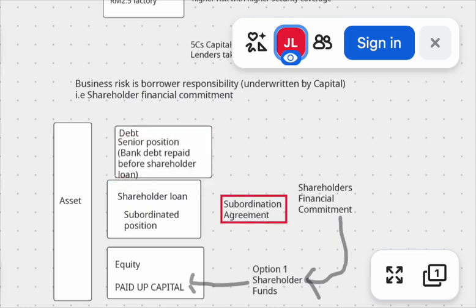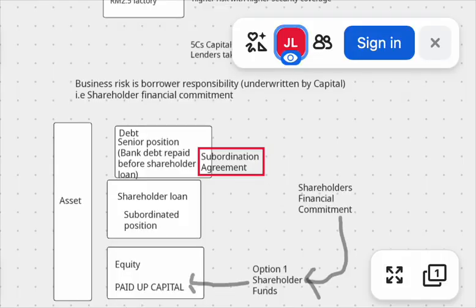So you have this arrangement called the subordination agreement here. So this is example number 2. Option 2, we call it shareholder subordinated loan.